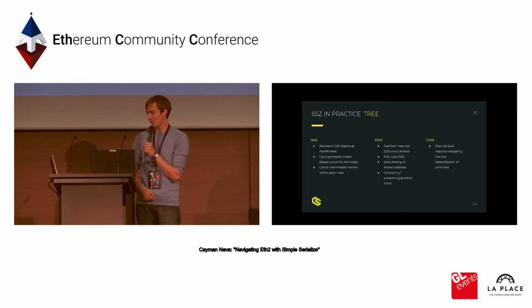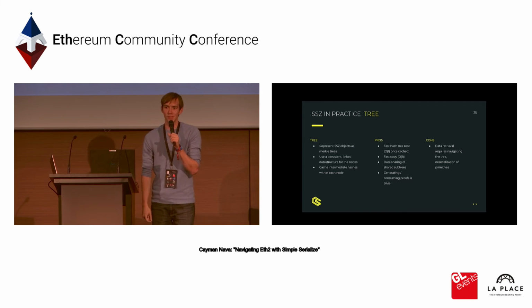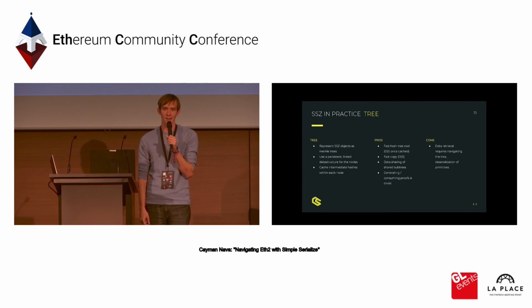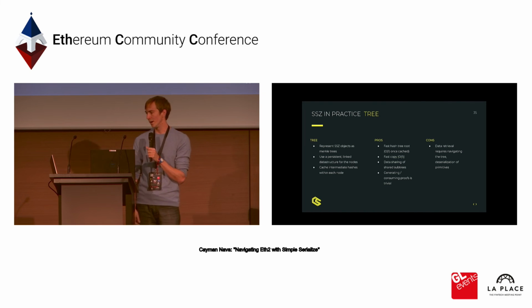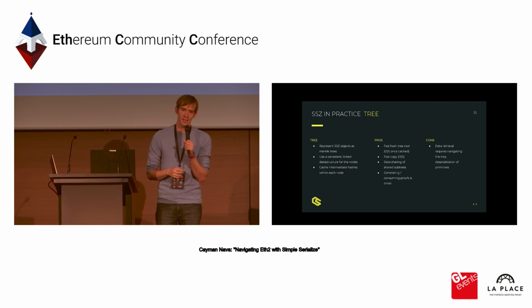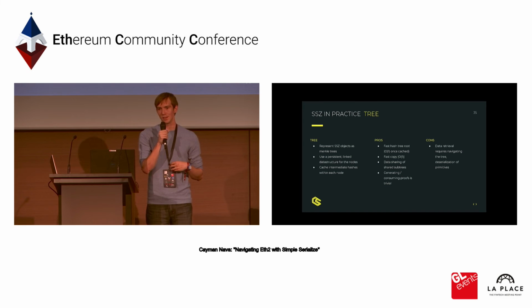And so this is really great for hashing because once you've hashed something, you already have the hash there. You just look at the node, you look at the position in the tree that you want to get that root. It's very fast to clone a data structure because since we're dealing with things immutably, all you have to do is make a new pointer to the root of the tree.